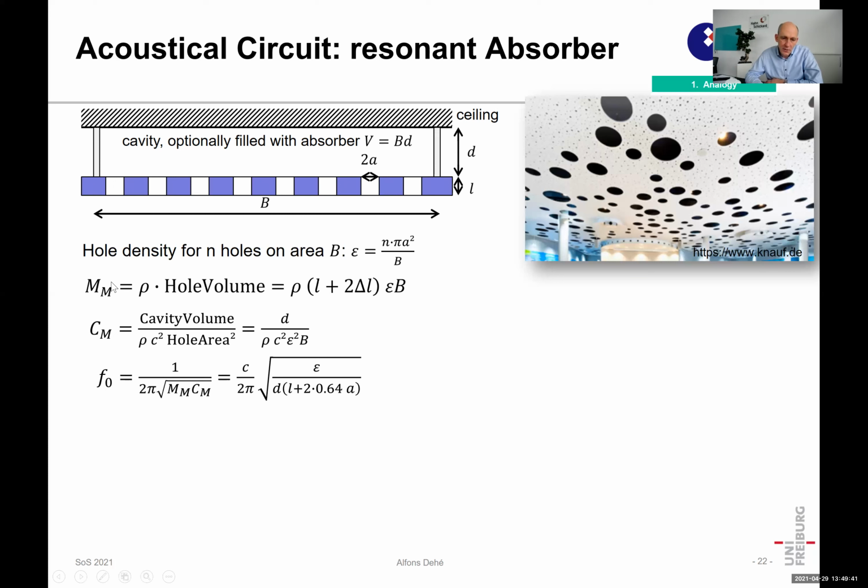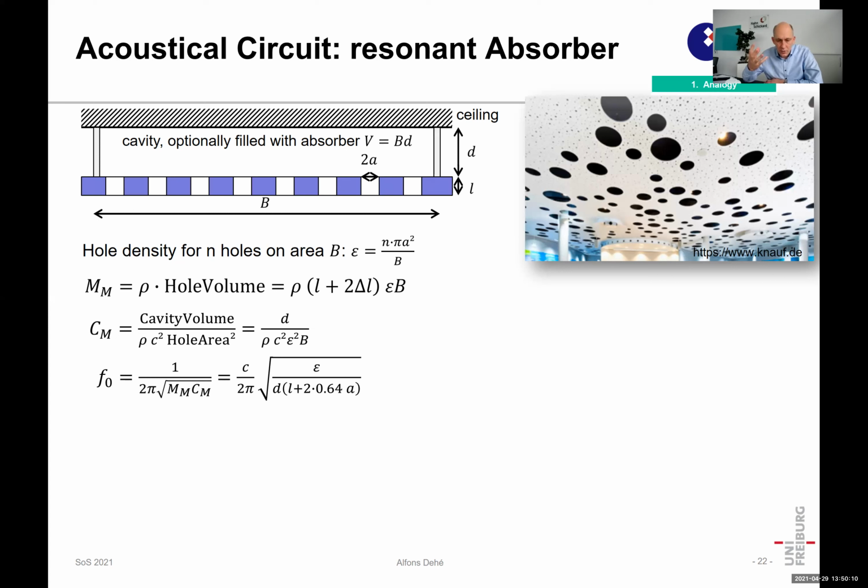And of course, you can calculate the mass of all those holes together, here described in the area of a plate and the density of holes. We don't add all the holes, but we give it a density like 25% of holes in such a plate. Then we have this typical situation. Of course, there's a typical length of the hole and radius of the hole if it is circular.